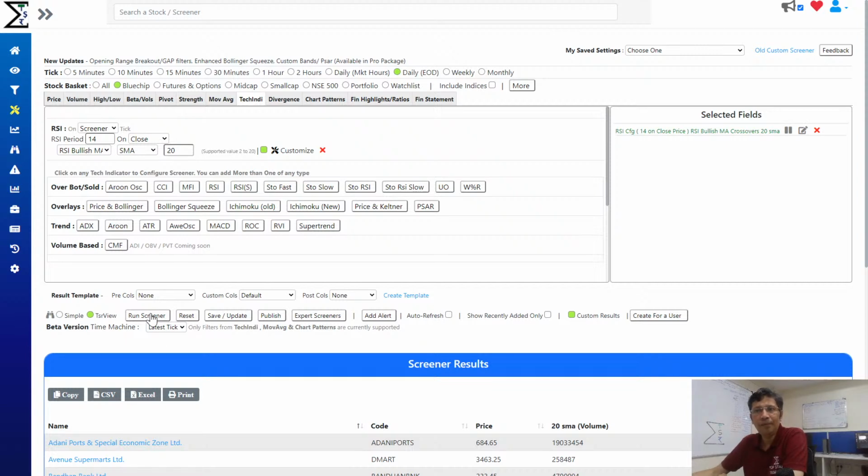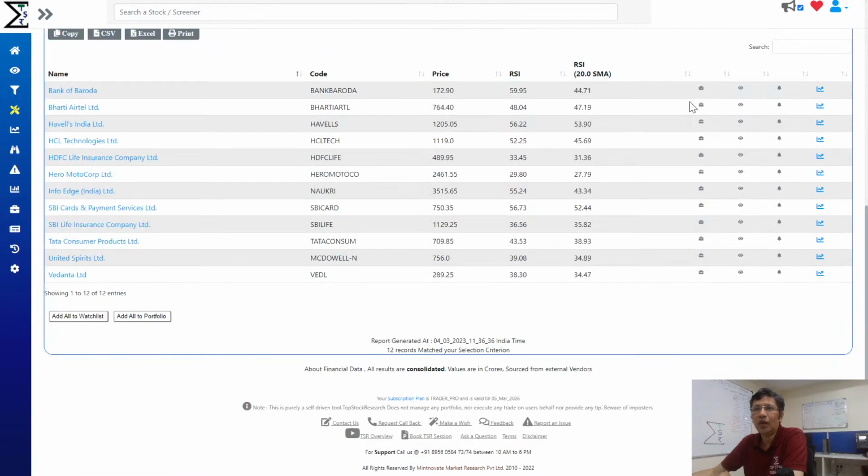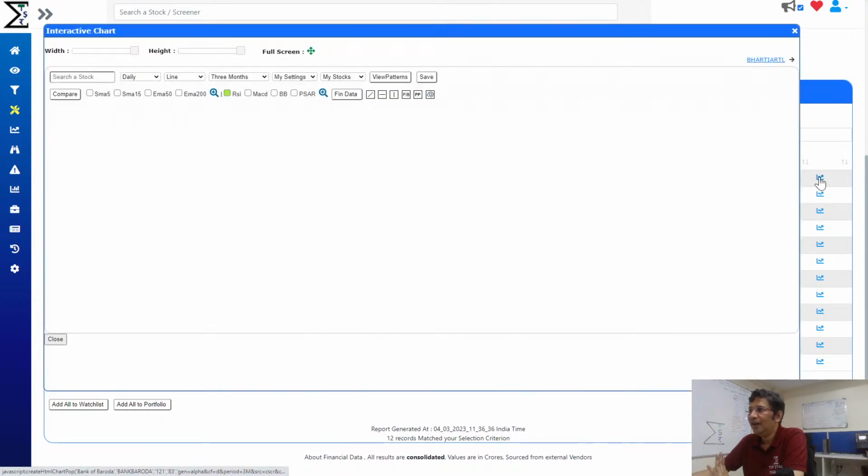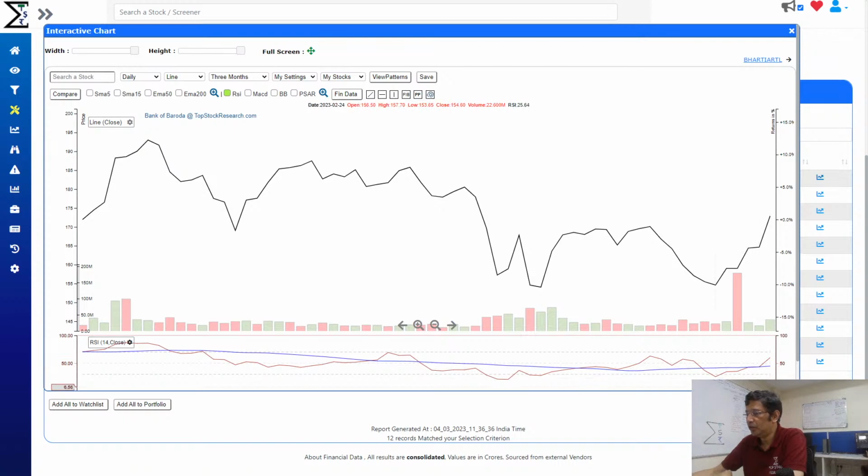So it looks slightly complex, but once you start using it, or if you wish to know the strategies, we had a session on RSI. You may want to refer to that, which will tell you what this is. For simplicity, we'll simply show you where the crossover has happened. So this is where the RSI is crossing above its 20-day moving average, right? I won't explain the concept of RSI moving average because we have done that in greater detail in one of the previous sessions. All right.